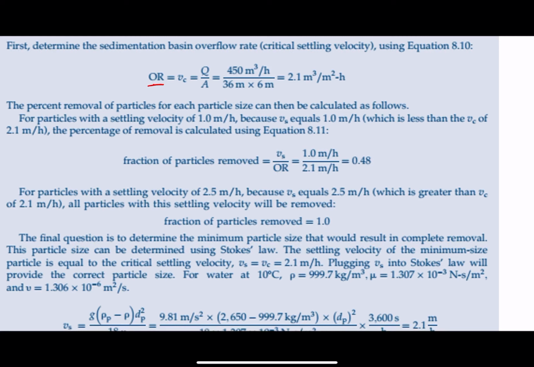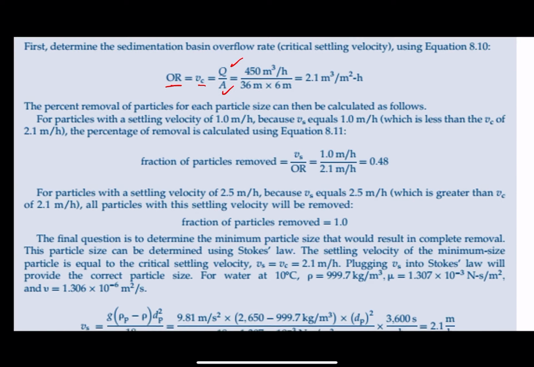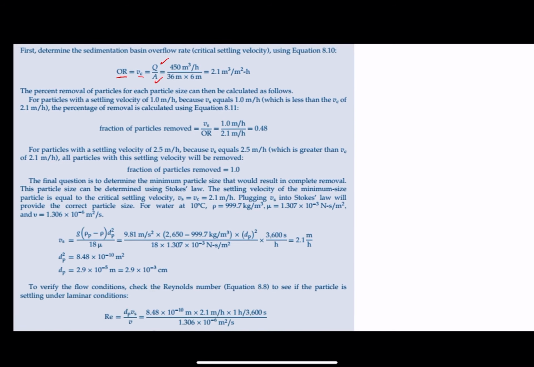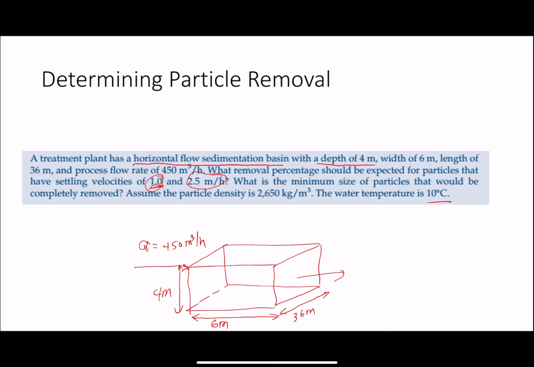Overflow rate, or critical velocity, has nothing to do with the depth. So it is the charge over the area. The charge is 450 and the area is what? If you go back to the other one, the area is 6 times 36. That is the area.